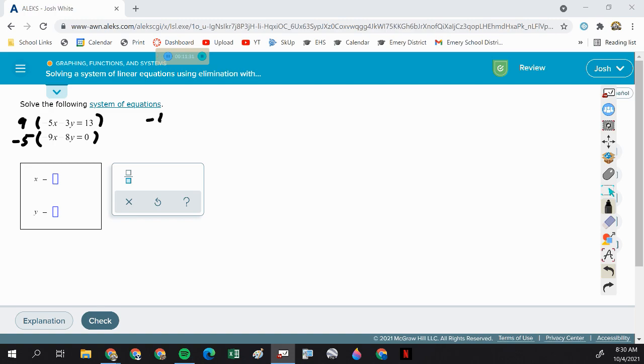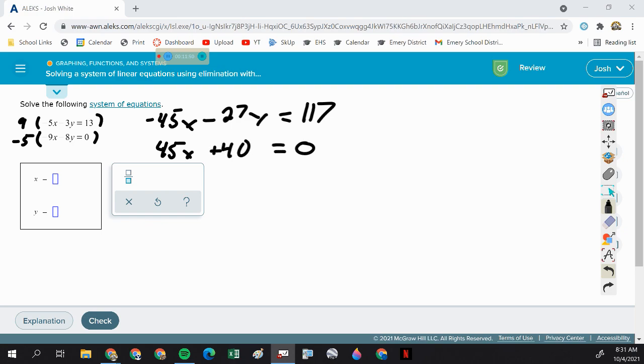That would give me -45x minus 27y, then 90 plus 27 would be 117. And then 45x plus 80y equals 0. X's cancel. 13y equals 117. So 117 divided by 13 is 9.